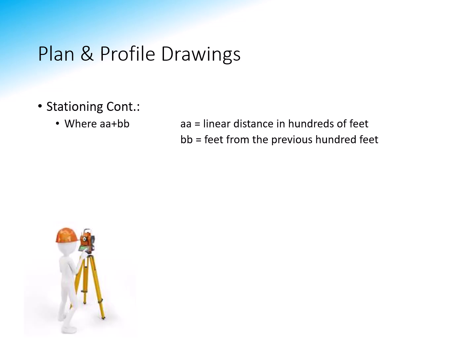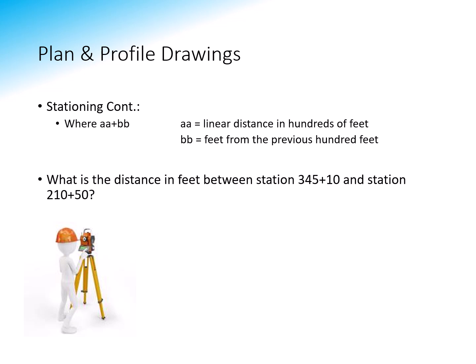All right, so here's a quick problem on stationing math. You are going to see a couple problems like this, either in your homework or quiz, final, but it's really easy, okay? Let's just dive right into this one. If you're asked what's the distance between station 345+10 and station 210+50, really all you need to do is remove the plus symbol, right?